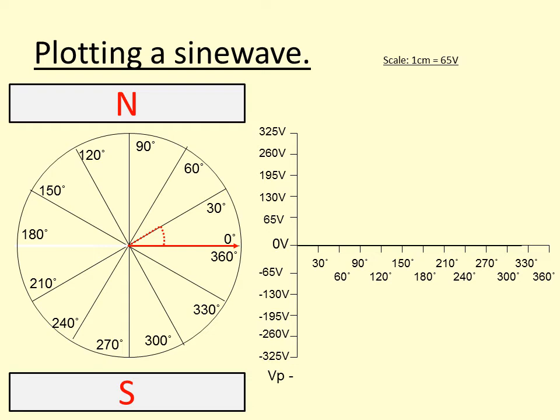Then it will rotate back down to 0 at 180 degrees and do the opposite in the opposite direction. So as you can see, 90 degrees and back to 0.